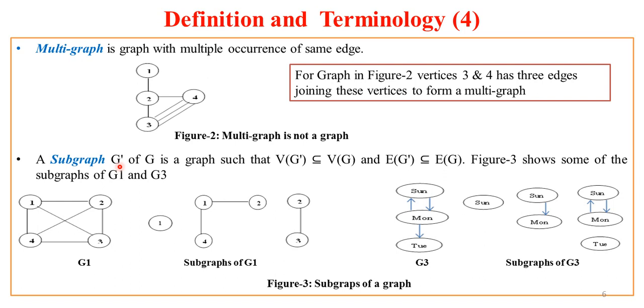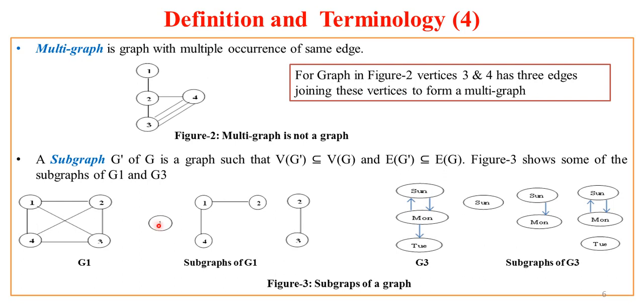We can define a subgraph G prime or G dash of G such that the set of vertices of G dash is a subset of V of G, and E of G dash is a subset of E of G. So for example, if we see graph G1 of figure 3, we have 3 subgraphs.